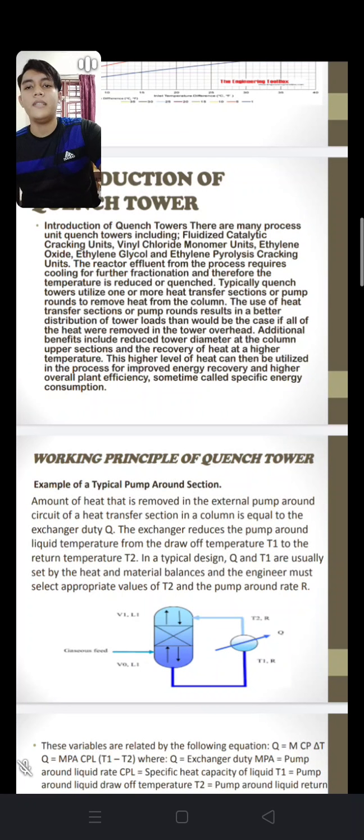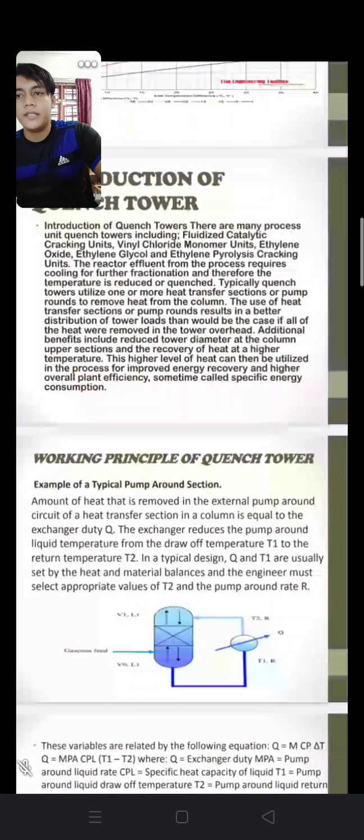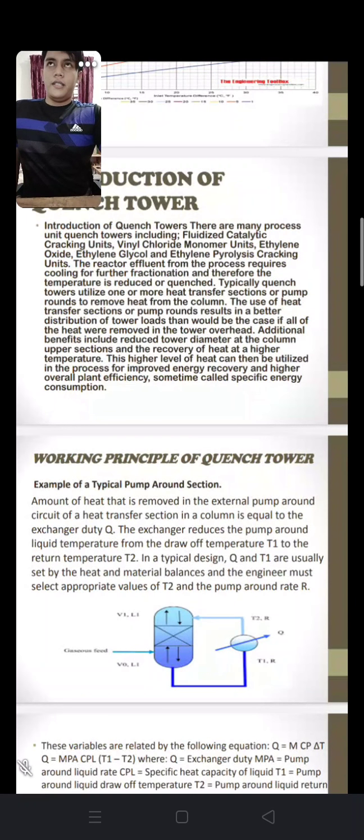This higher level of heat can then be utilized in the process for improved energy recovery and higher overall plant efficiency, sometimes called specific energy consumption.